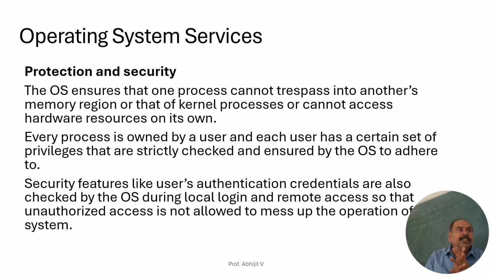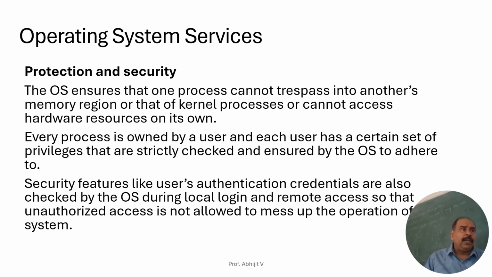Protection and security, the next important service offered by the operating system. The operating system should take care that when one particular process is being allocated a particular time, another process does not interfere and trouble that process. So it is the service offered by the operating system to protect a particular process so that it does not interfere or infringe upon other processes.